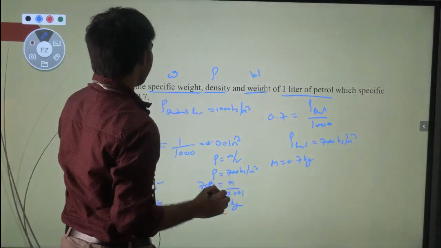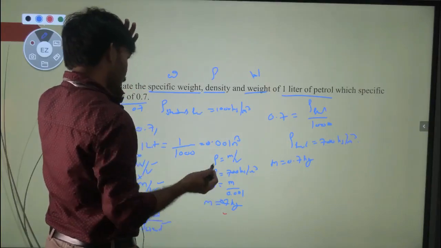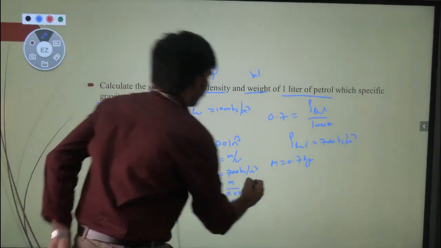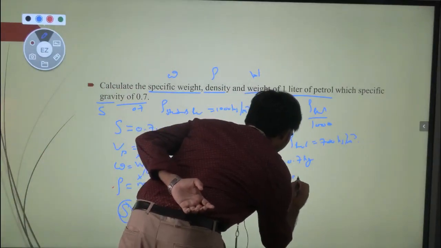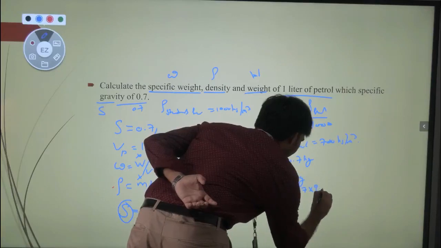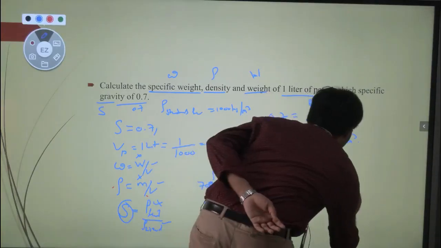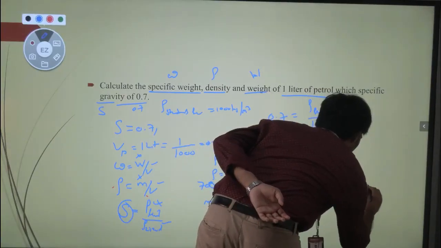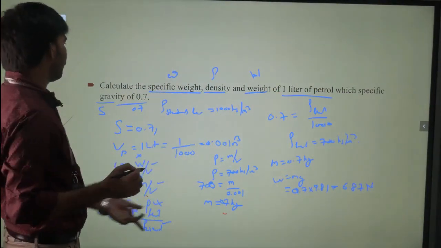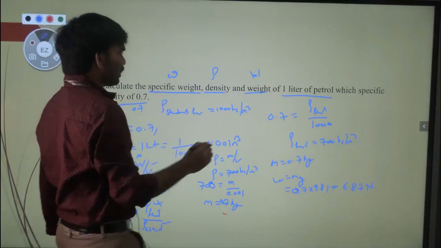So we calculated the density and the mass. How can we calculate the weight? Weight is equal to m into g. That means 0.7 into 9.81 is 6.87 newtons. So the weight of the liquid is 6.87 newtons. Now we need to calculate the specific weight.